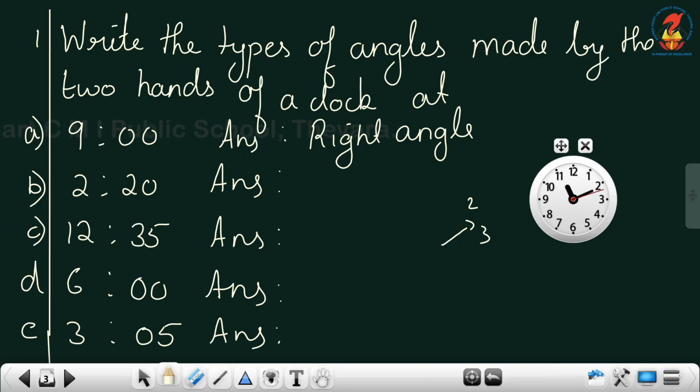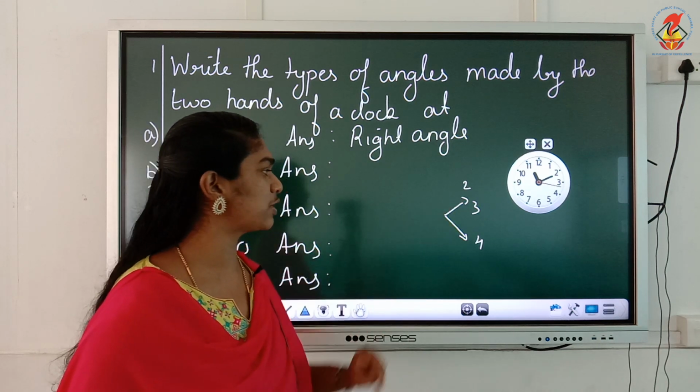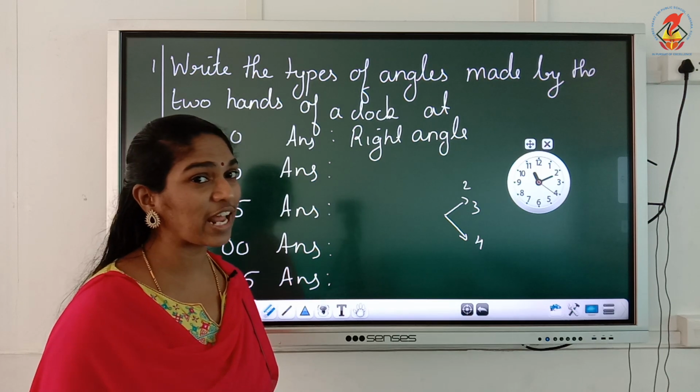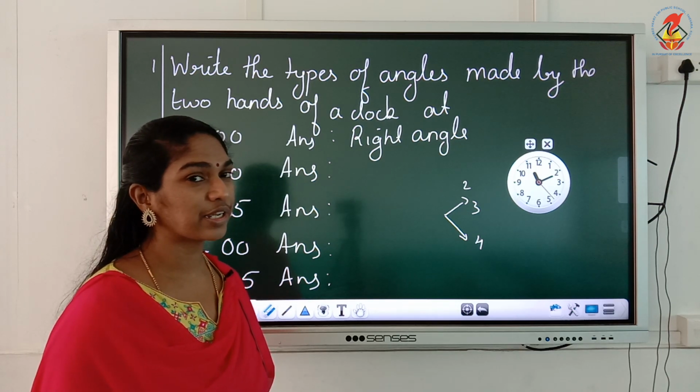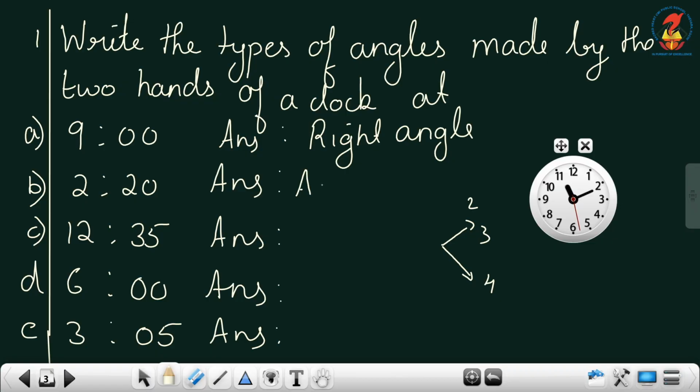It will come at 4. So somewhat the time will be like this. The hour hand comes between 2 and 3. Minute hand will be at 4. So what type of an angle is formed over there, children? It's a small angle, right? What do you call it? Acute angle. So angle formed over here is acute angle.